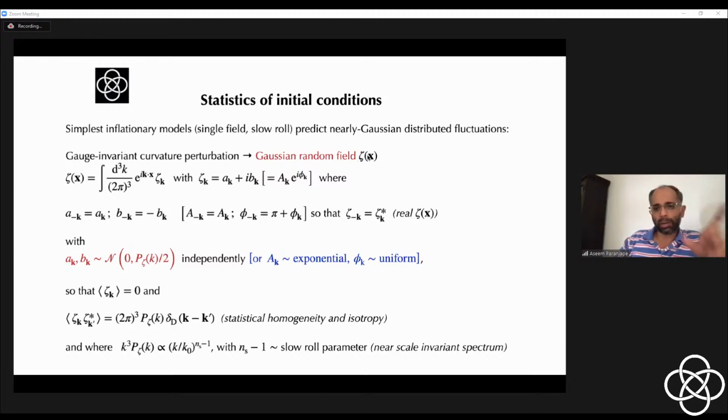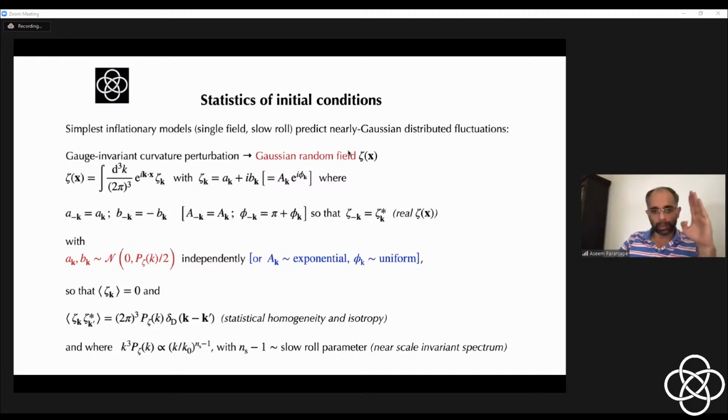The particular function that I'm thinking about has a physical meaning also. It is what is called the gauge invariant curvature perturbation, curvature perturbation because it describes the inhomogeneities of the metric. And this particular quantity, zeta of x, is predicted to have a nearly Gaussian random field structure.